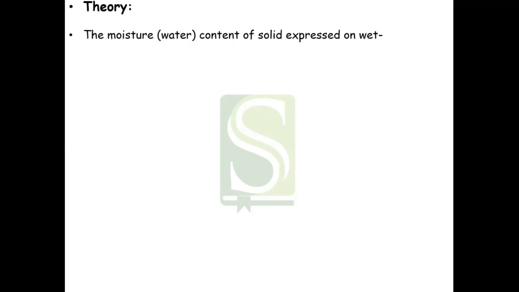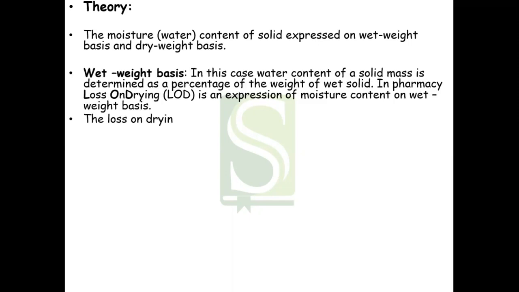The moisture or the water content of a solid is expressed on a wet weight basis and a dry weight basis. So what is wet weight basis? In this case, the water content of a solid mass is determined as a percentage of the weight of the wet solid.